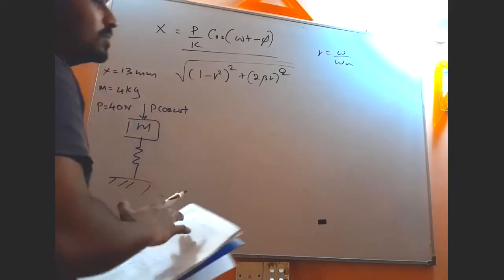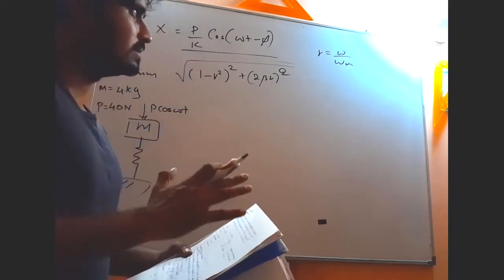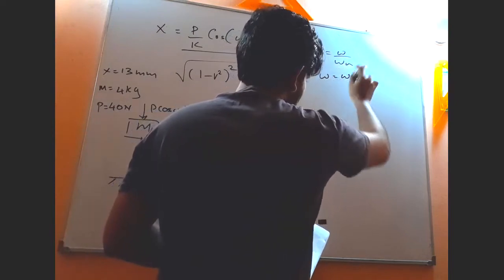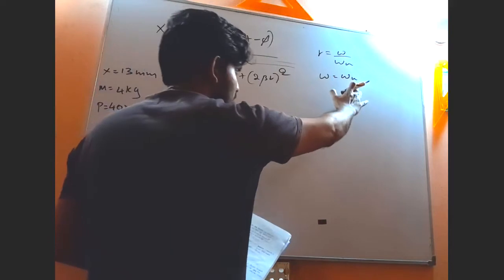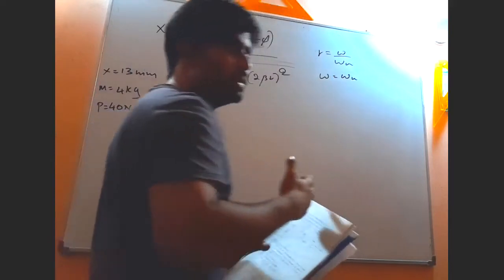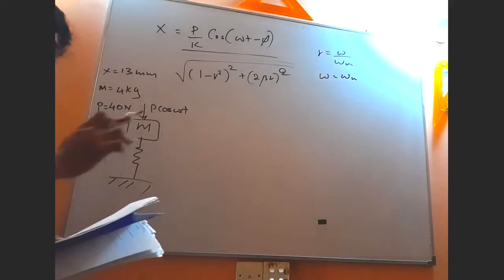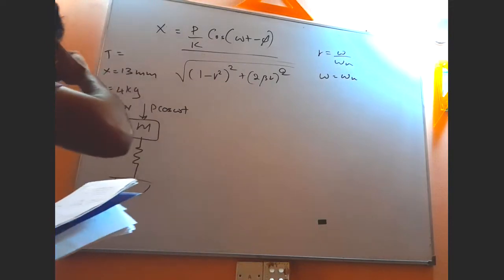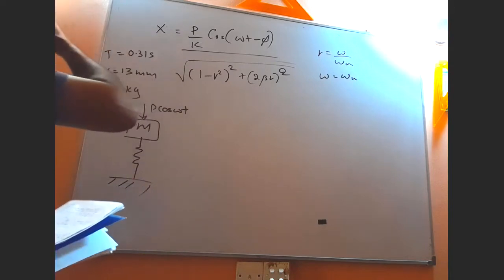According to the basics, at resonance omega equals omega n, that means the frequency of vibration equals the natural frequency. The periodic time t is also given as 0.31 seconds.